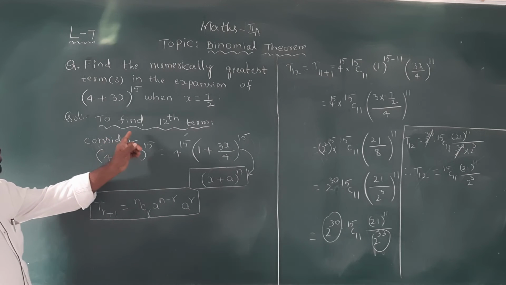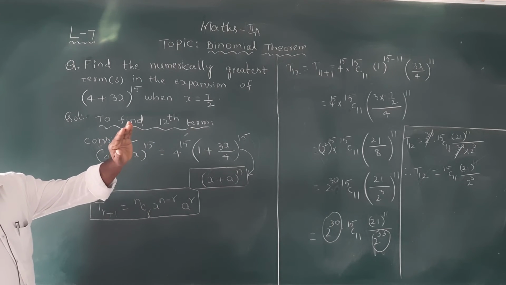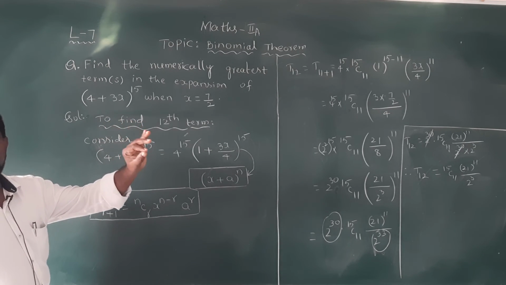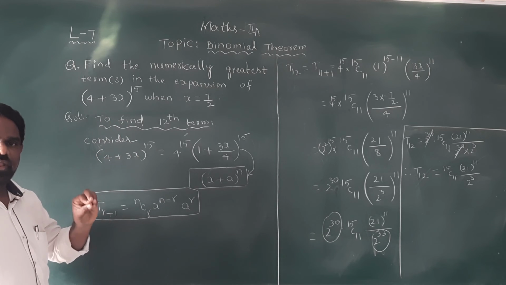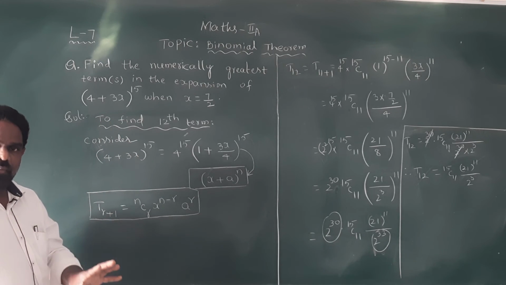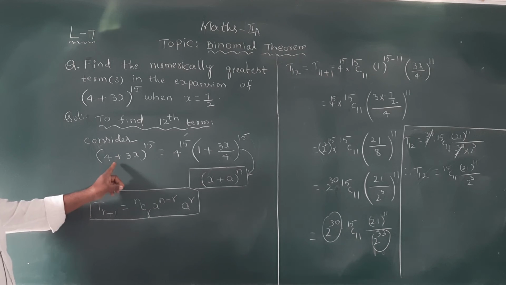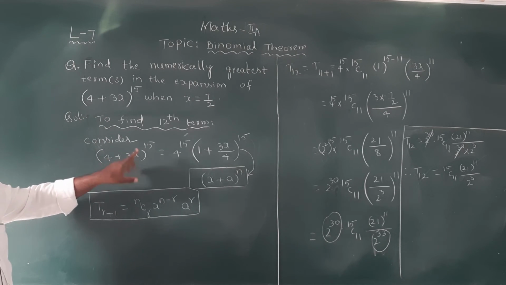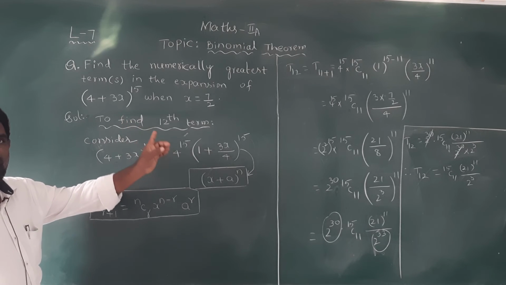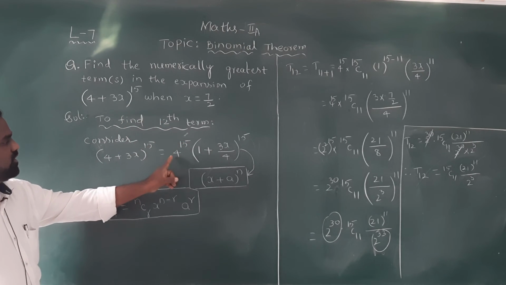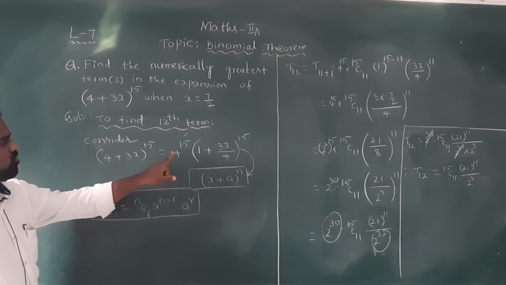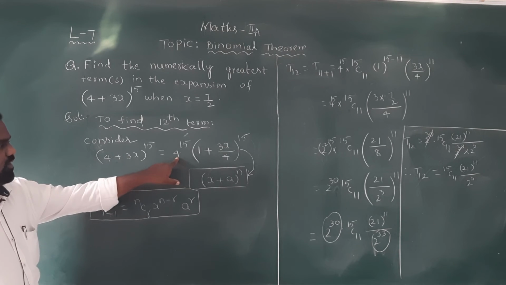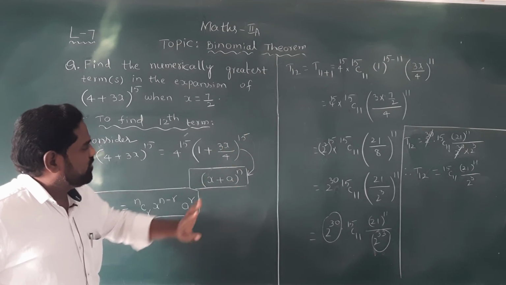Actually, when we have to find a specific term, either the 12th term, 15th, 14th, whatever it may be, this is the given expansion: (4 plus 3x) whole power 15. What gets common? 4 power 15 times (1 plus 3x by 4) power 15.